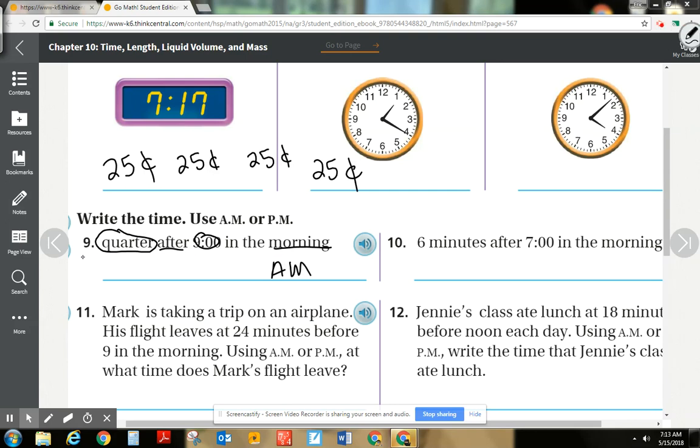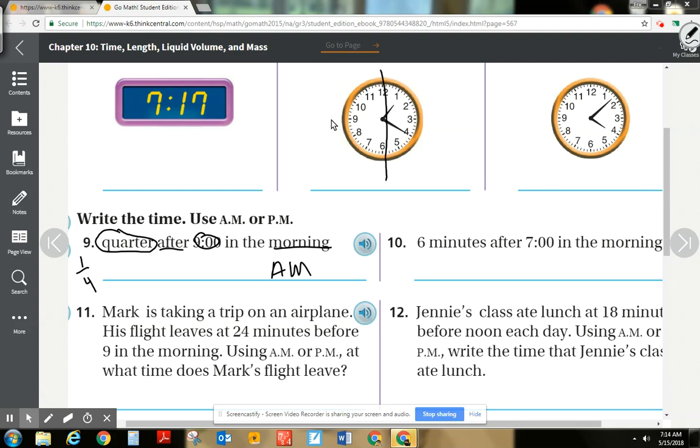So remember, a quarter is 1/4 of something. So when we're talking about money, it would be 1/4 of $1, which is 25 cents. But when we're talking about time, a quarter is still 1/4, but it doesn't equal 25 cents anymore. So let's take a look at this 60 minutes on the clock.